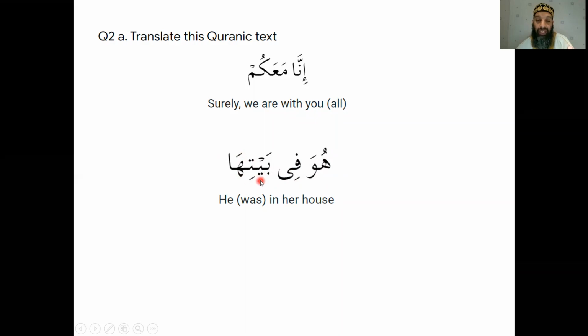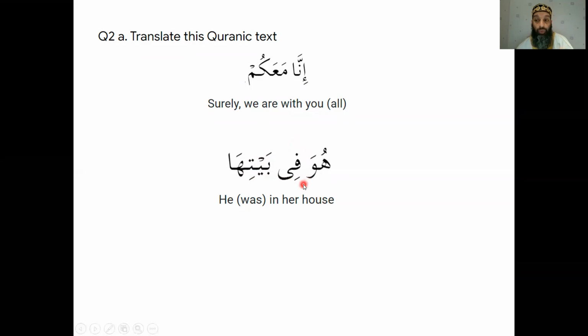Why is it baytiha and not baytuha? It's majroor. Look, bayti. The pronoun endings don't get affected by anything. These endings are super strong. They don't get changed. But the actual word before it changes case. Why is it changing case? Because of the fi.